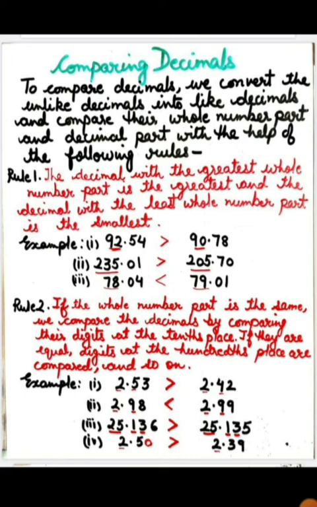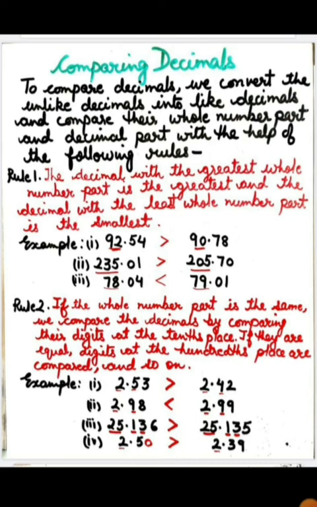In the first example, the given numbers are 92.54 and 90.78. Their whole number part, that means the numbers written on the left side of the decimal, in the first number is 92 and in the second number is 90. You know 92 is greater than 90, so 92.54 is greater than 90.78.